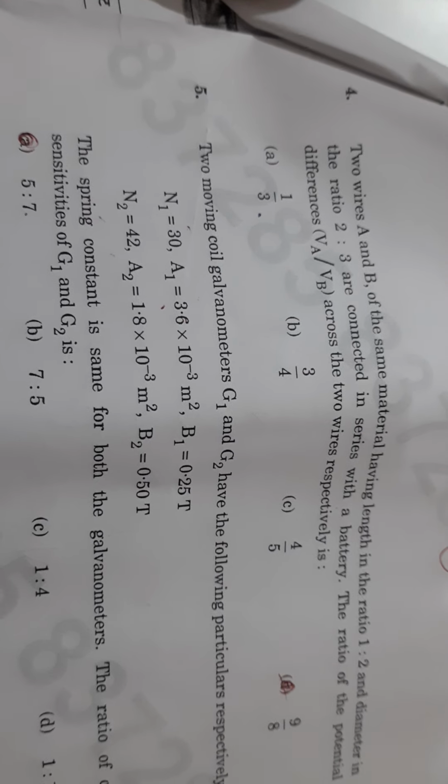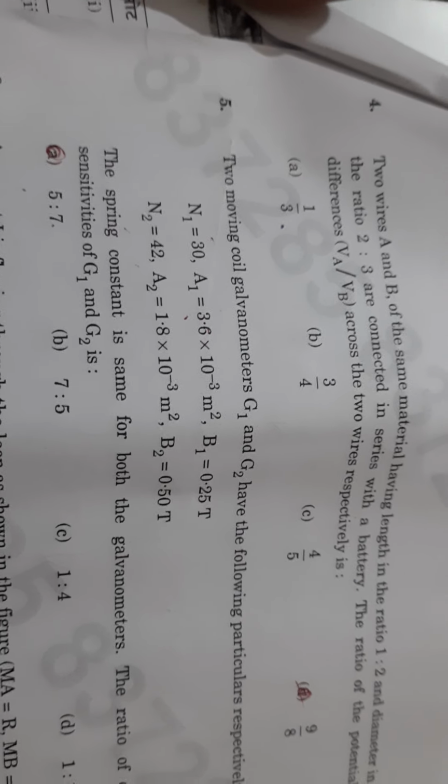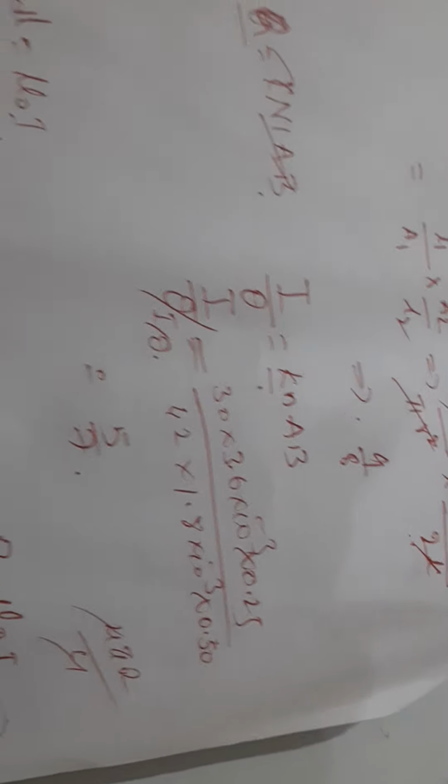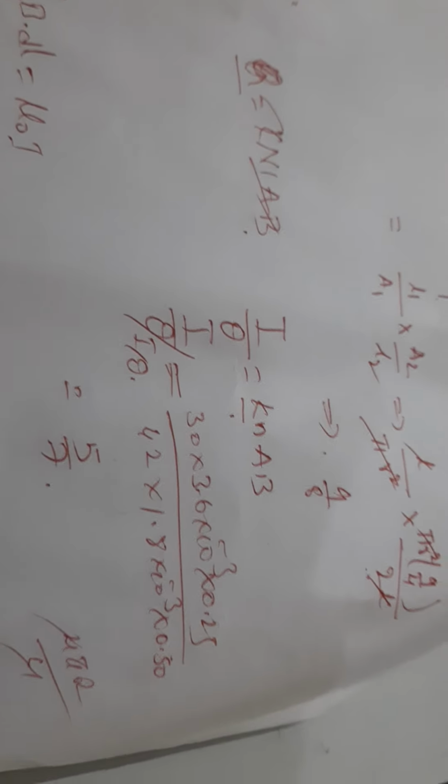So N1 by N2, and if you multiply that, we will get the 5:7 answer easily. Okay, NIAB is the basic formula in this case, right? If you want, we have the current sensitivity like this, we can substitute and get the 5/7 ratio.